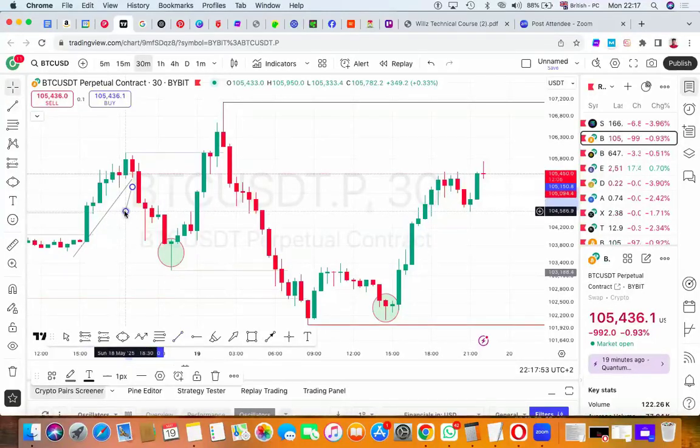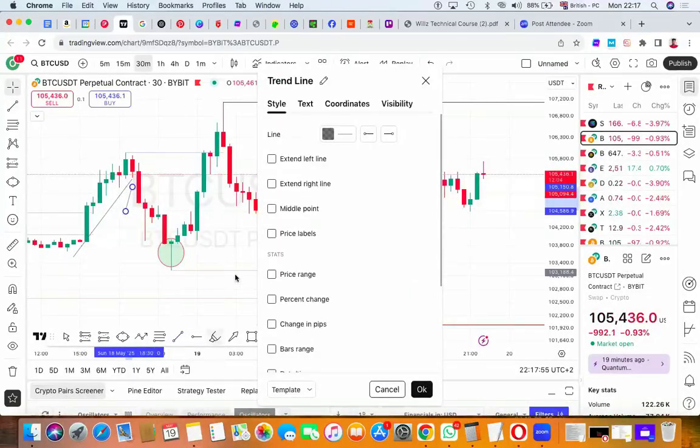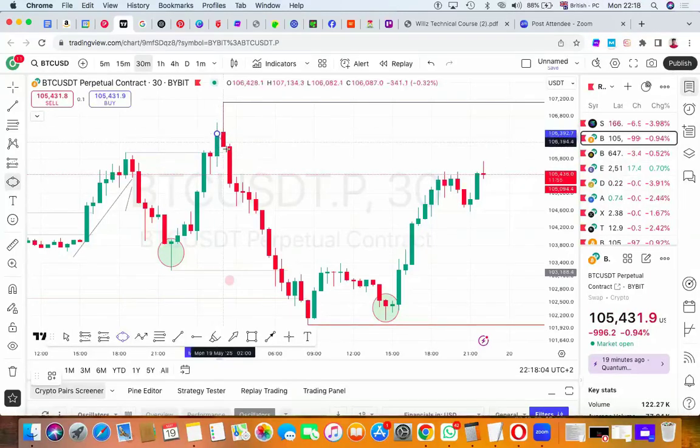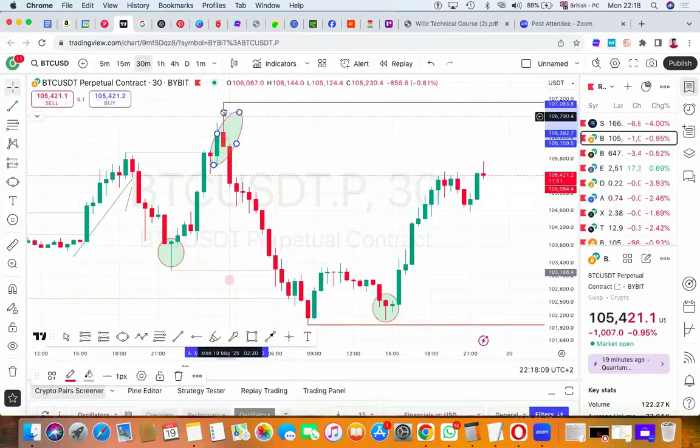So this is a pure example also of an inverted hammer. In fact, you can see the body is just a little bit bigger, but it's an inverted hammer.